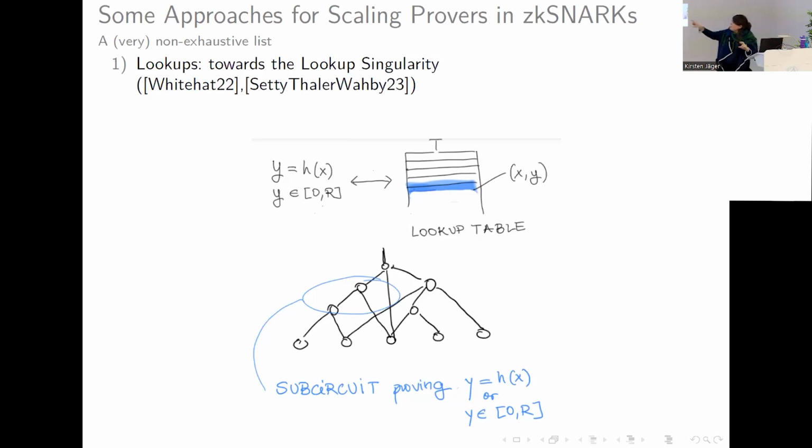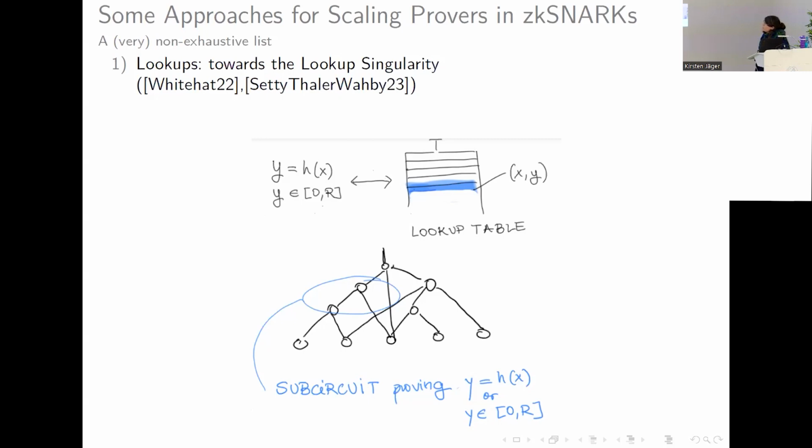Because imagine that you want to prove that Y is the image of a certain element with a hash function. If you write this as a circuit, this will be very big, okay? So the idea is to replace this very big subcircuit with an operation that just looks up this value in a table, okay? Of course, the problem here is that you now need to design some polynomial IOP, so some way to encode these statements as some kind of relations among polynomials and so on.